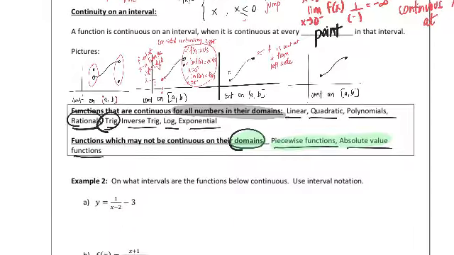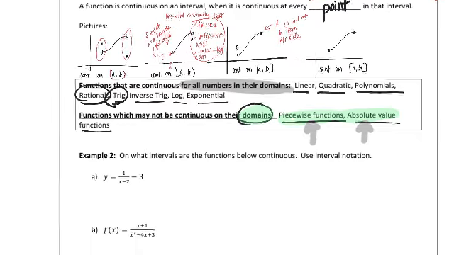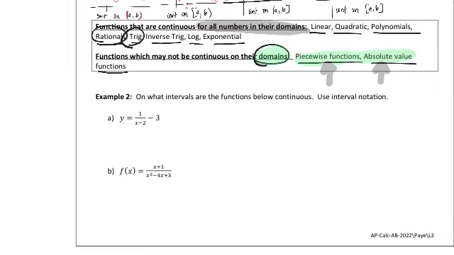And we're going to look a lot at these two types, piecewise and absolute, in this first unit, precisely because they are not continuous often, and so they give us a chance to practice all our different limit skills that we're learning here.